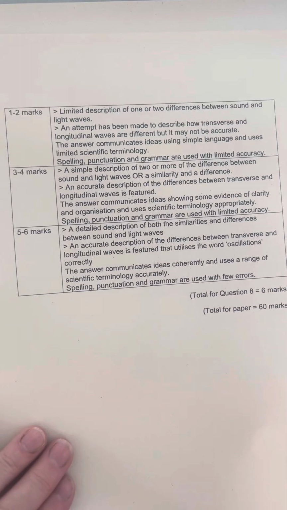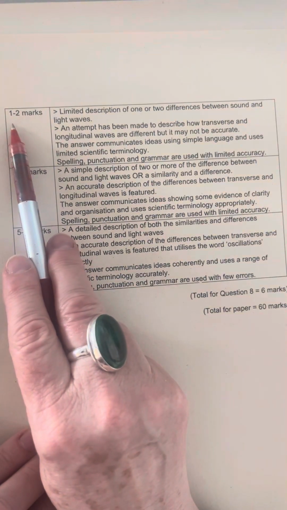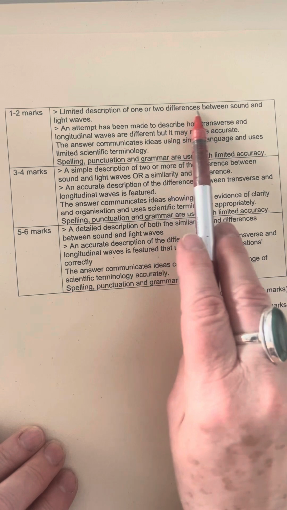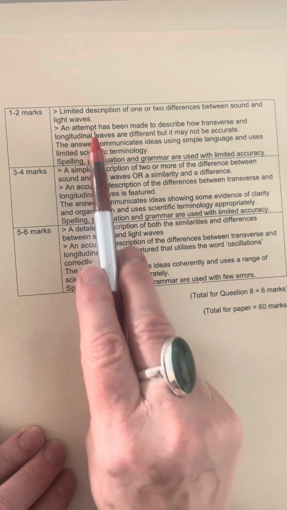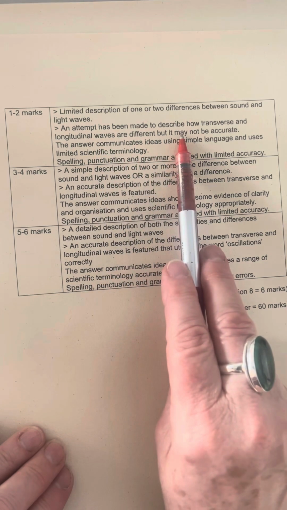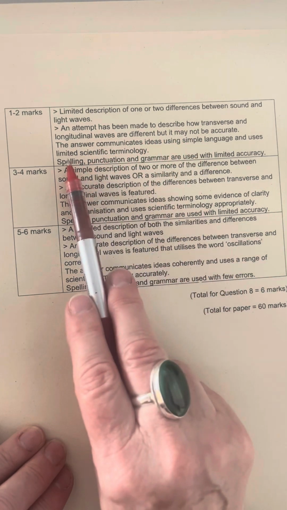Okay, so I'm just going to quickly show you part of the mark scheme. This is the mark scheme telling you how you'd score between 1 and 2 marks. This is a limited description of 1 or 2 differences between sound and light waves, and an attempt has been made to describe how transverse and longitudinal waves are different, but it may not be accurate.